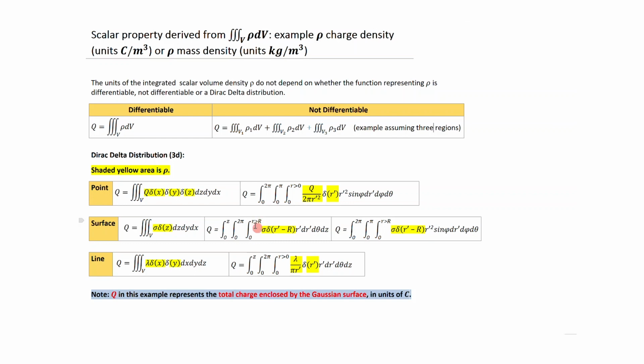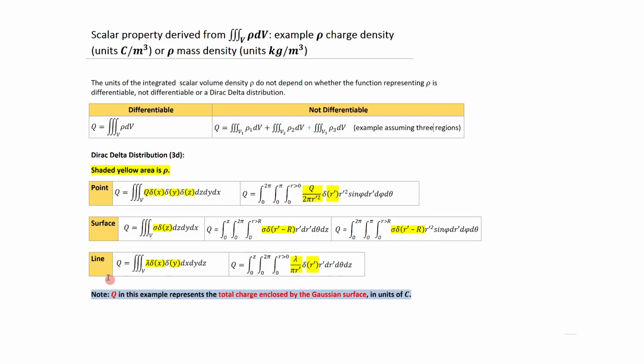And again, r basically just needs to be slightly larger than capital R, which is the radius of the cylinder, in order to incorporate the full cylinder. Similarly here, this r needs to be just larger than capital R to incorporate the full extent of the sphere.